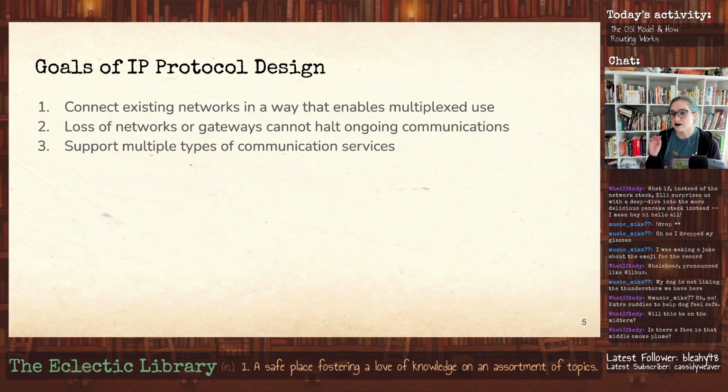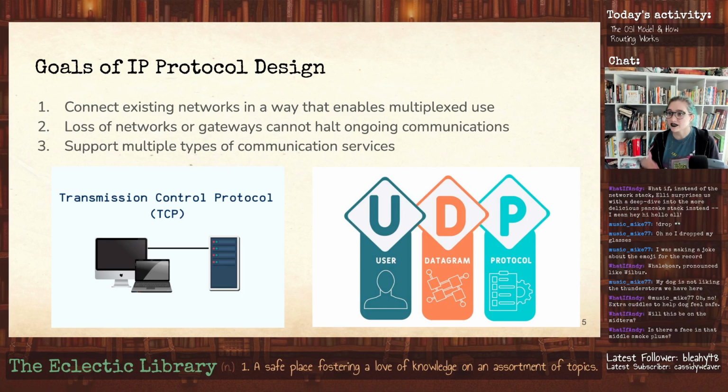It needed to be able to support multiple different kinds of communication services that had different priorities. So TCP versus UDP, any other kind of communication protocol that wound up popping up. As a reminder, TCP prioritizes having a solid connection and ensuring that every single packet arrives and that it arrives in order.